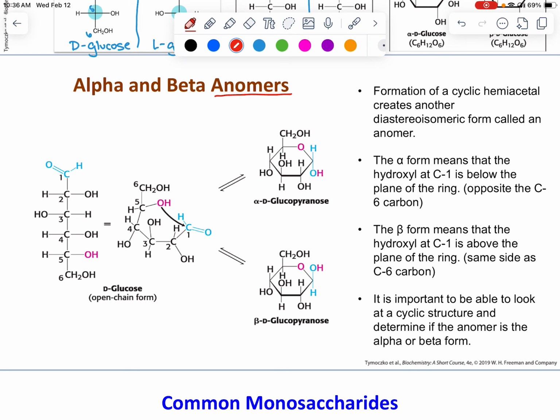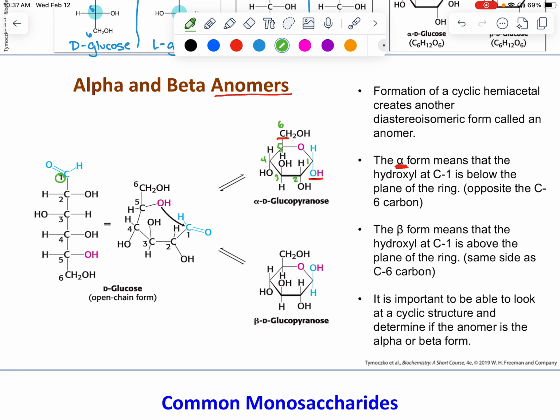I've got this written over here. If we have an alpha anomer, it means the hydroxyl at that anomeric carbon, right here, is opposite the side of that C6 carbon. So let's number our carbons real fast. Number one would be right here, 2, 3, 4, 5, 6.